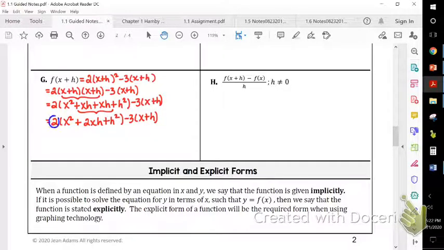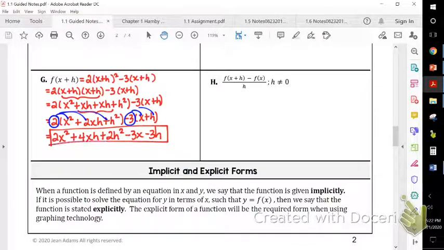I'm going to distribute this 2 and this negative 3. And I'm going to check to see, can I combine anything? I don't have any like terms, so there is our solution.